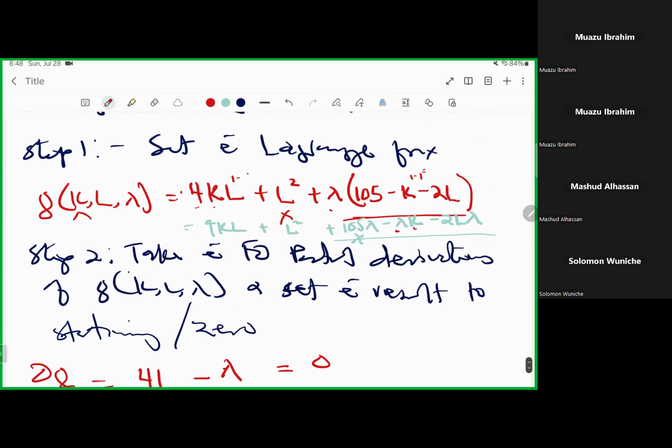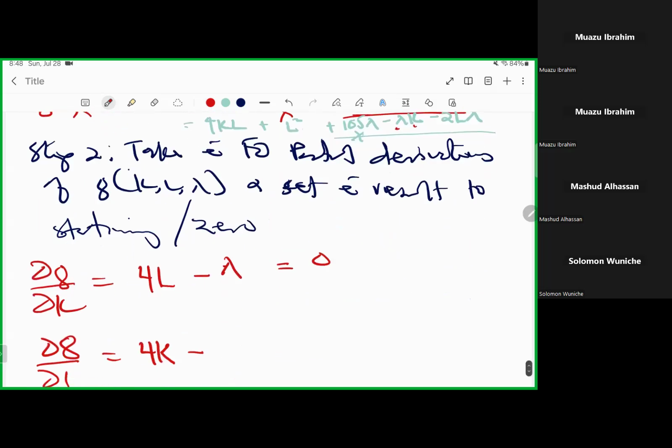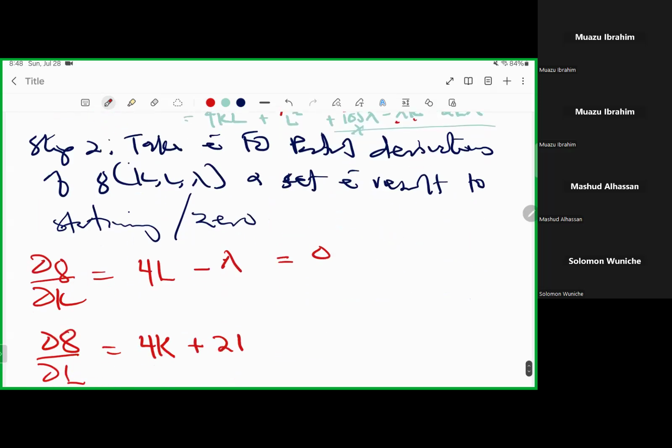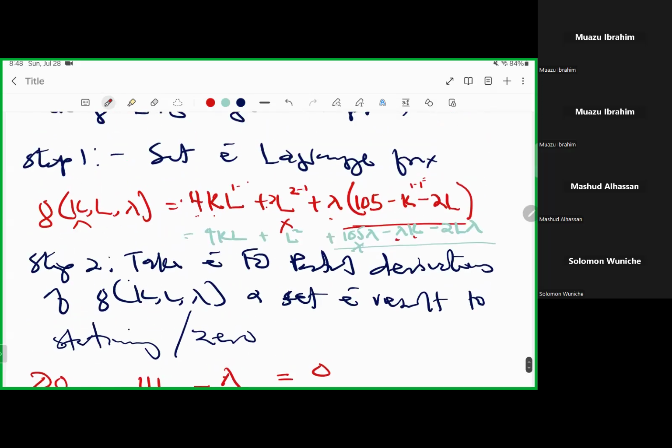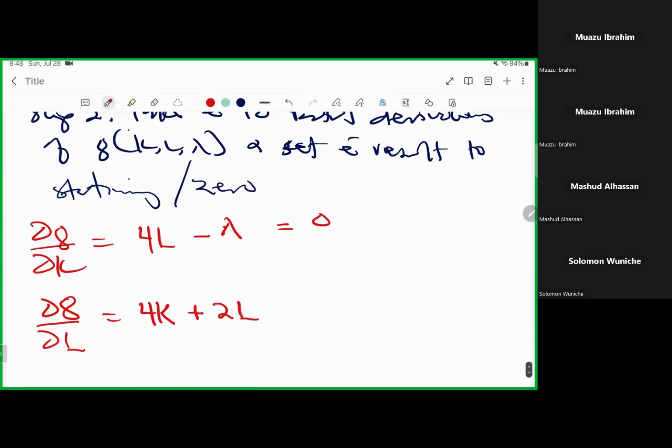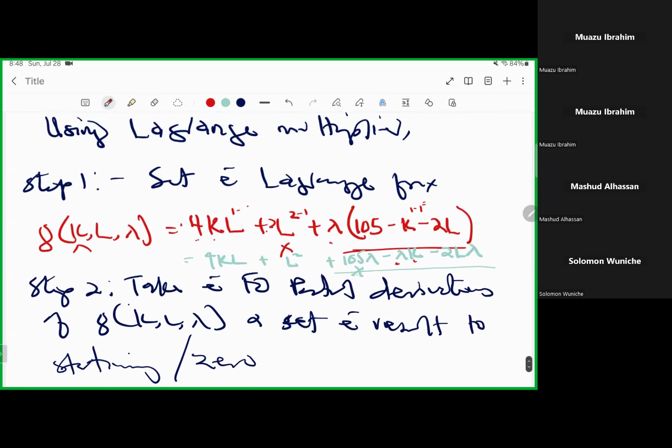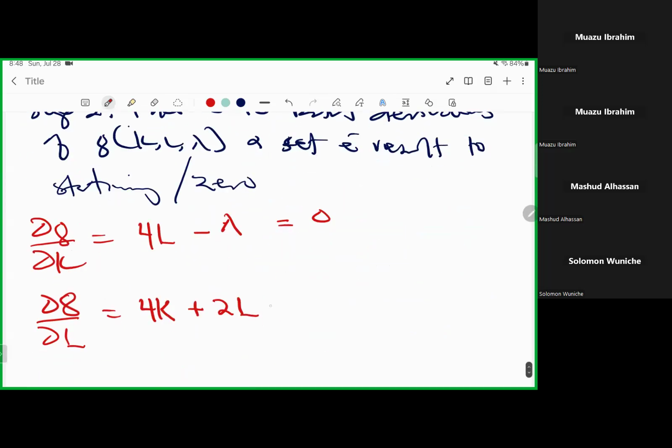Here we have L squared, so this 2 will come here, 2L to the power 2 minus 1, which is 1. It's left with this particular side. Here will be minus 2 lambda, because this L will go, leaving minus 2. So minus 2 lambda is equal to 0.